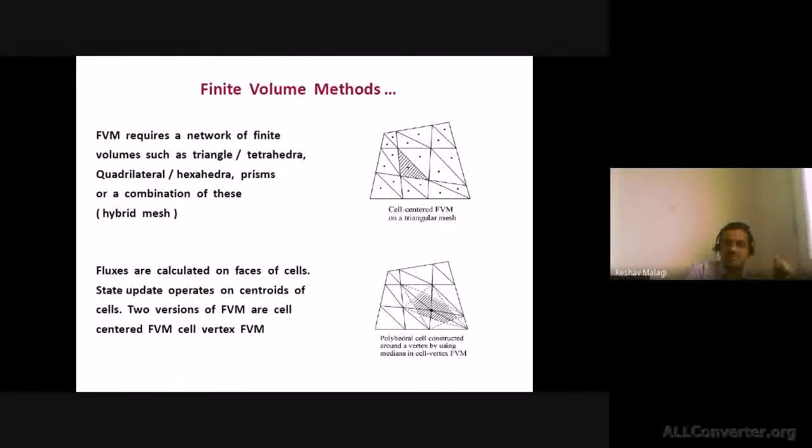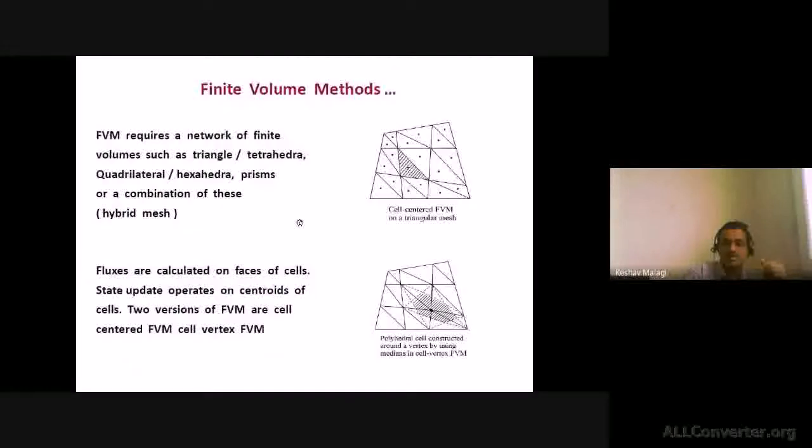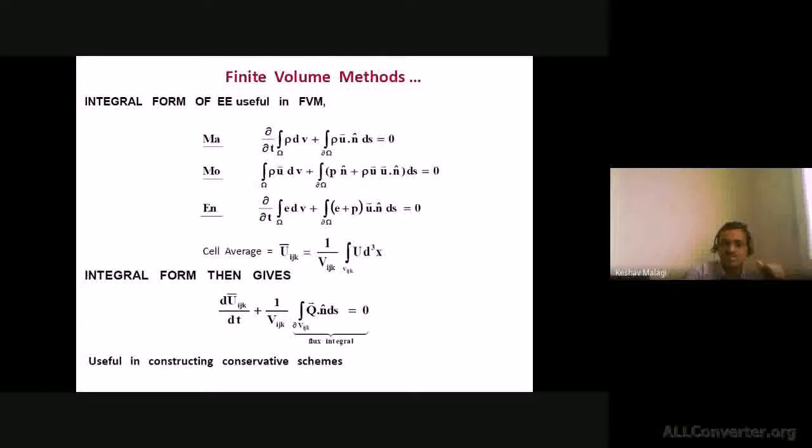So this is typically what you can see as a cell-centered finite volume method. These are various cells, and this is a cell-vertex method in which you solve at the cell vertex and find a dual volume here. And various kinds of elements, quadrilaterals, hexahedra and prisms, can all be merged and used. As I said, the integral form is used.